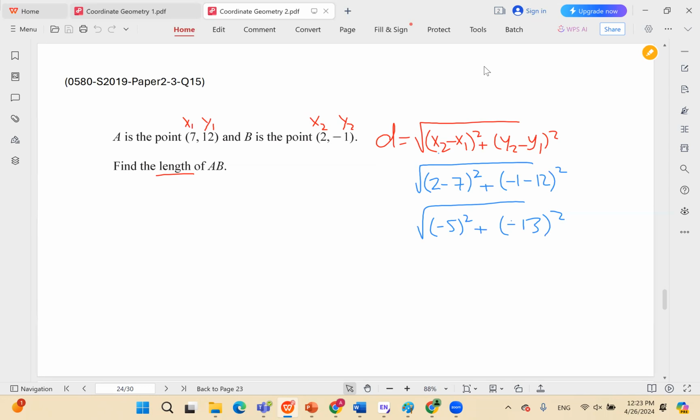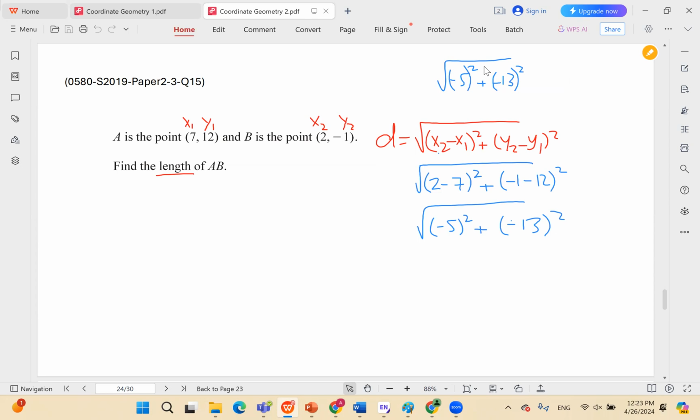Because if you write it on the calculator like this, you're going to get an error because you're going to get a negative value inside the root. So this does not make sense. And you should not use it, of course. You should either just cancel out the negatives or put the -5 in a bracket, but make sure that the power 2 is outside. This would also work.